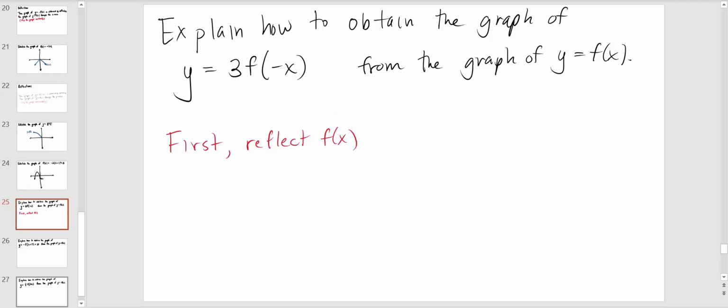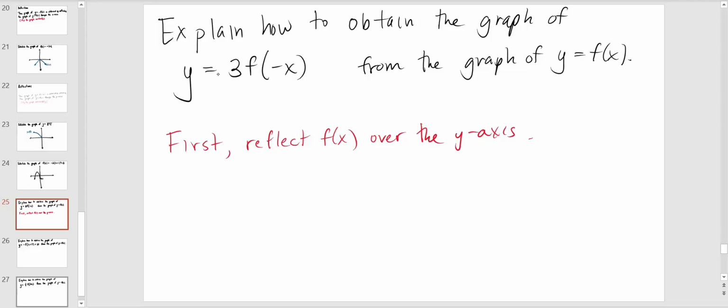Reflecting it over what axis? Well, here we reflect f of x over the y-axis because it's a horizontal reflection. You need to be careful about just saying reflect it horizontally, because you could reflect it horizontally over the line x equals 3. But that's not where we want to reflect it. We want to reflect it directly over the line x equals 0, the y-axis.